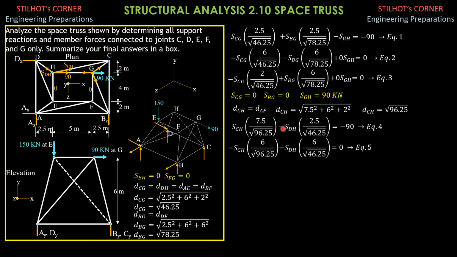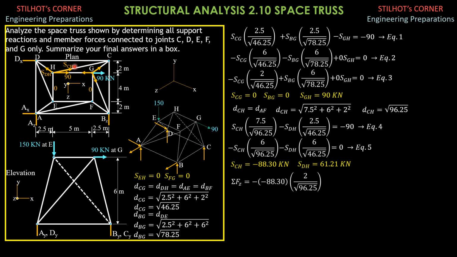Since these are two equations in two unknowns, solving them simultaneously gives us SCH equals negative 88.30 kilonewtons, SDH equals 61.21 kilonewtons. Then let's check summation forces along Z because it is not used.